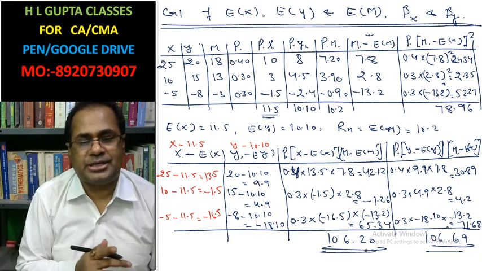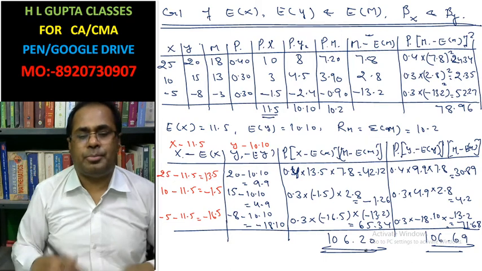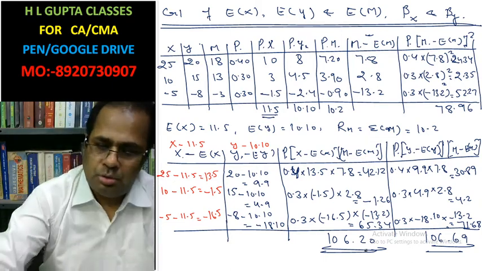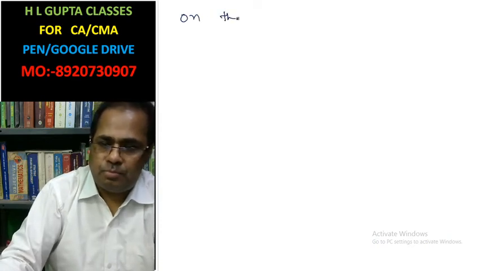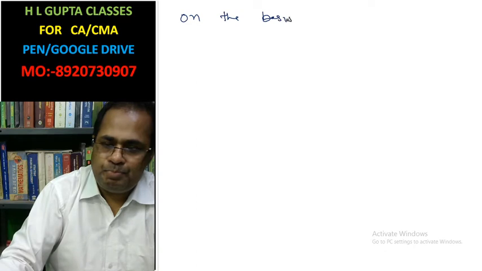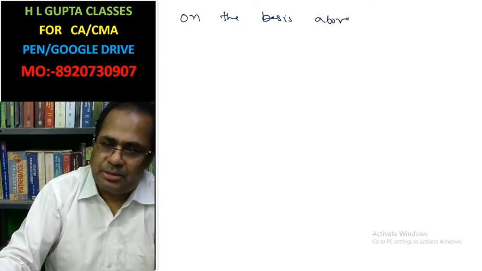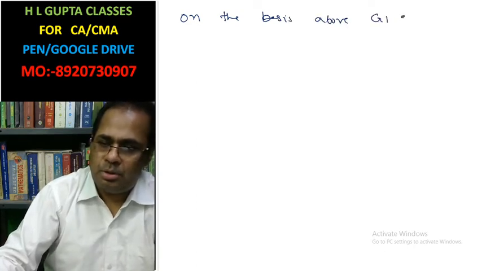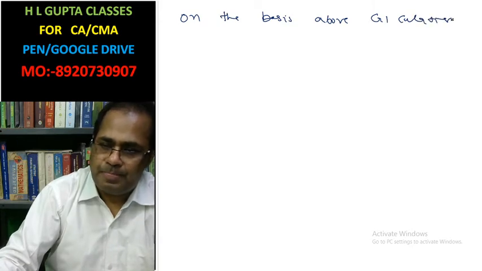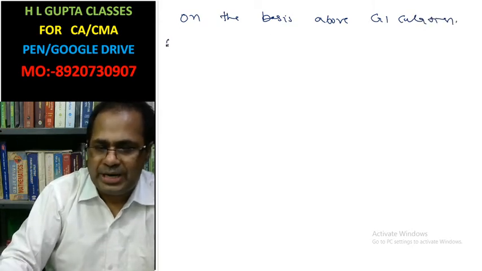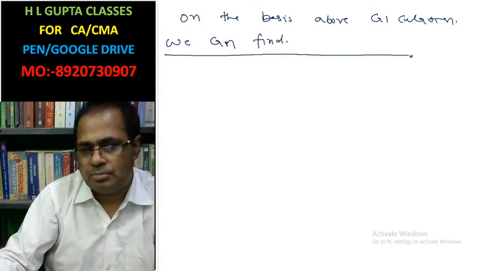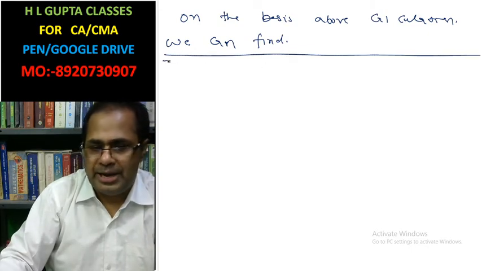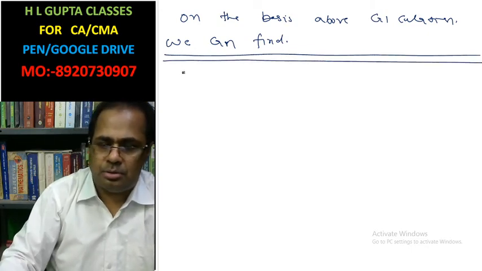so on the basis of this table we can calculate expected return, that is the actual return, expected y, that is actual y, and return on the market portfolio. On the basis of above calculation, we can find, please look at here.